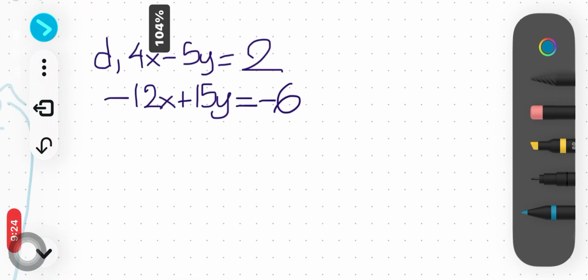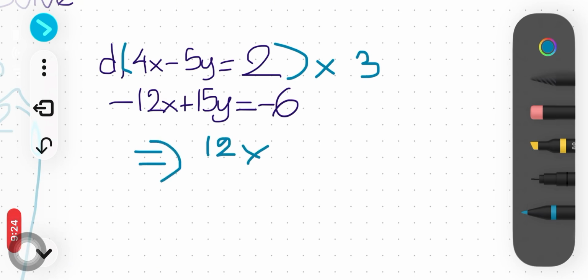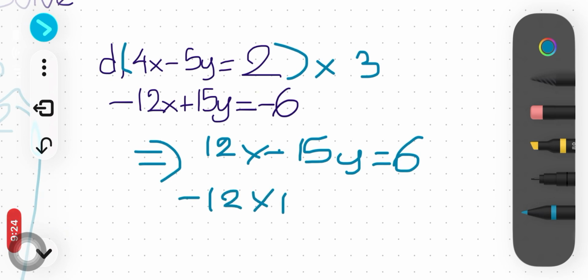And our last example for the elimination method is this one. For the first equation, I will multiply it by 3. Then we have 12x minus 15y equals 6. And we just write down the second equation we already have.